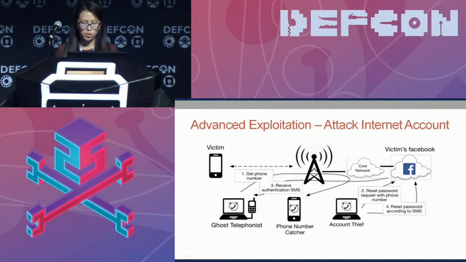And in step 2 here, we use a computer to open the web page and request to reset the password with the acquired phone number. In step 3 here, the telephonist receives the verification short messages. And finally, in step 4, we use this verification code to reset the login password.